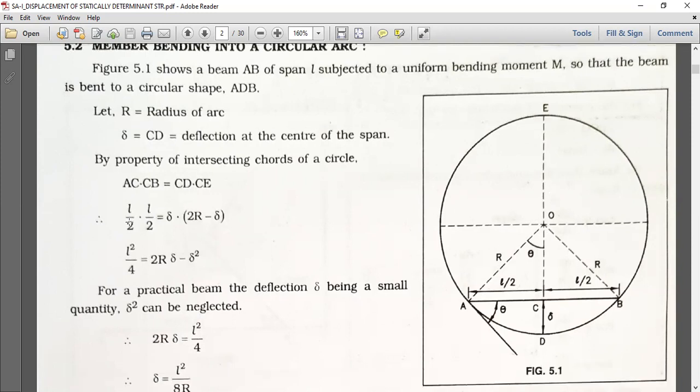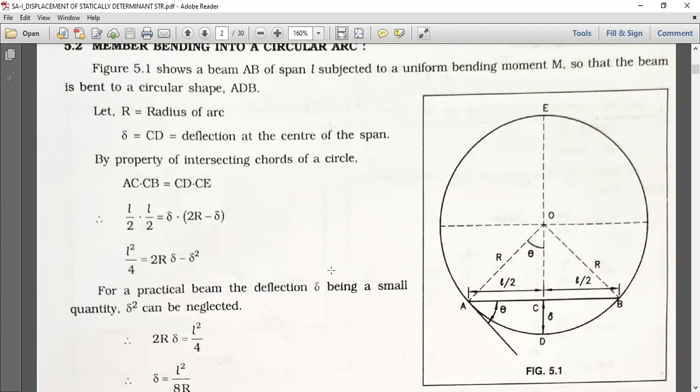Now AC is equal to L by 2, CB is equal to L by 2, CD is equal to delta, and CE is equal to 2R minus delta.